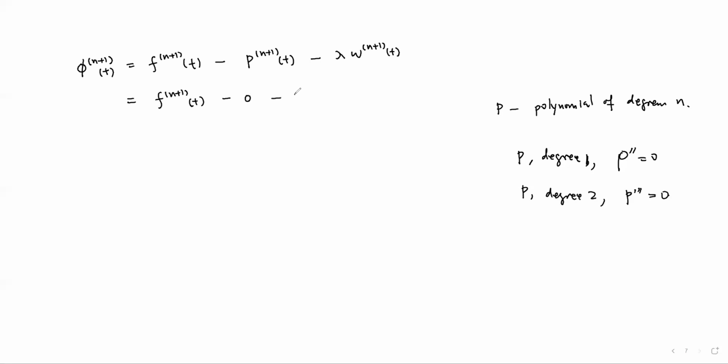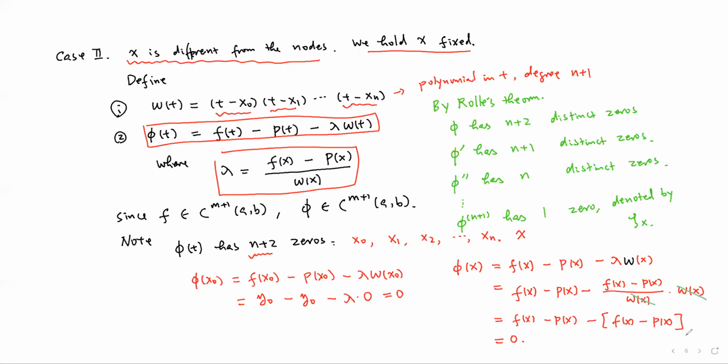Then minus, how about w? W is also a polynomial, of degree n plus 1.